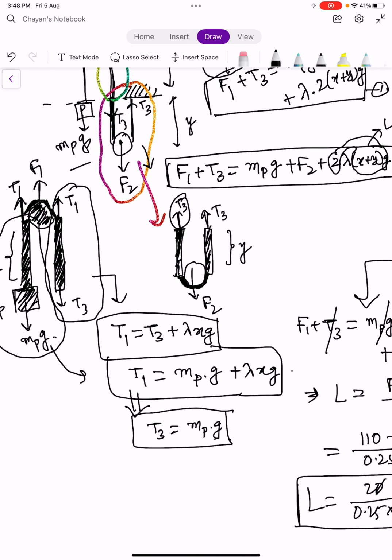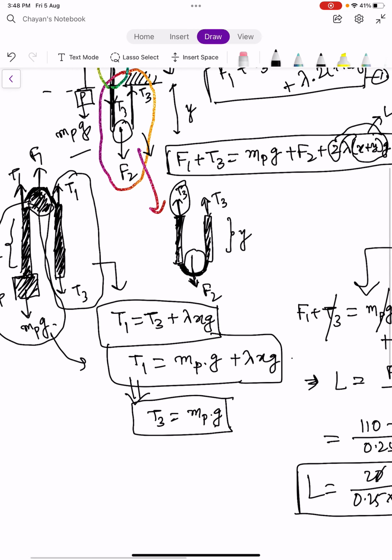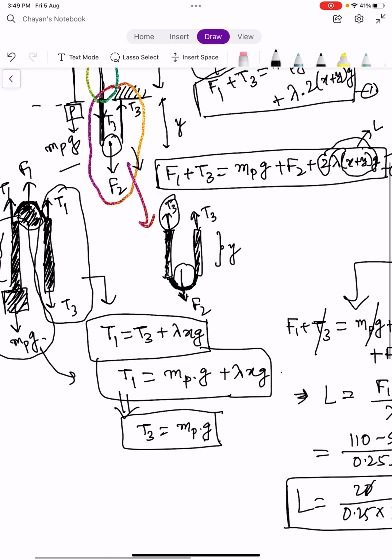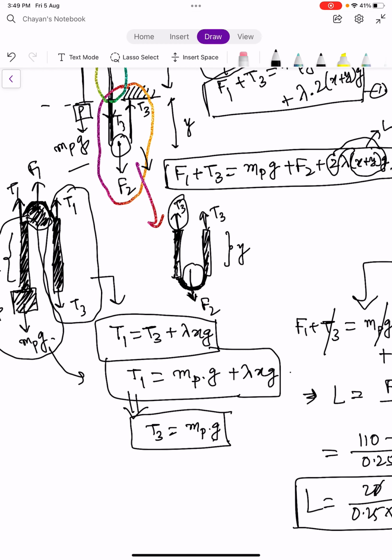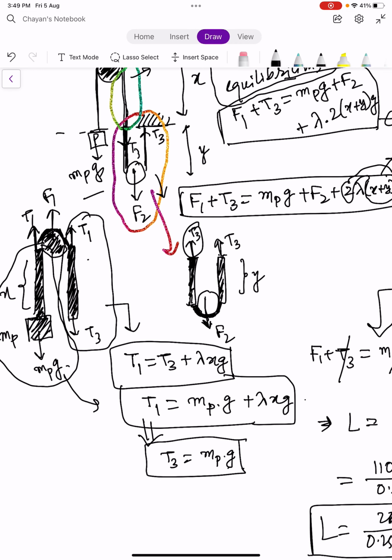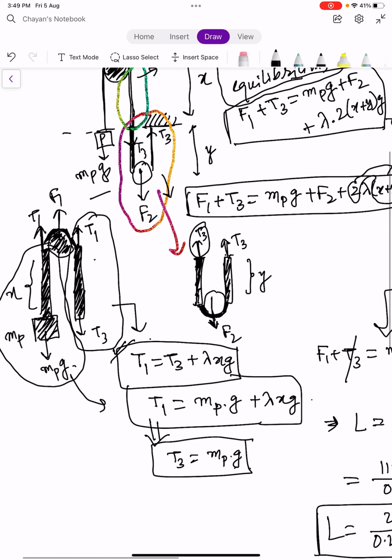Considering this part, F2 is acting downward, so we had 2 times T3 equals 2 lambda Y into G plus F2, which gives that the T3 on both sides should be the same. From the other part we got T1 equals T3 plus lambda times X into G, which says that the tension is supporting the length of the rope here.